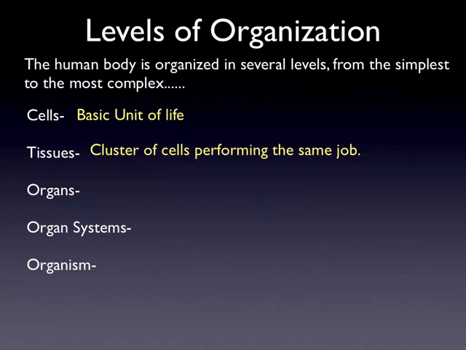Then tissues combine different ways to form organs, specific organs in our body, like our heart, our lungs, our arteries, our brain. These are organs.